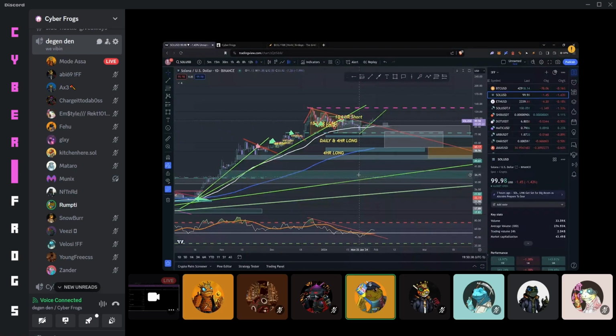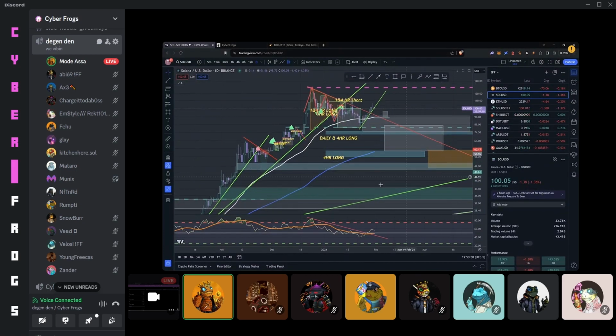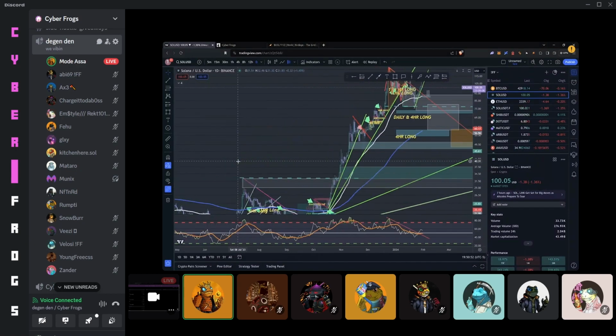Yeah, 34.16 is the top, and the bottom's 29.28. Well, that's pretty much where I'm at. You see why those calls are there? Remember, we had this top, there was a big wick, and then this was our support.